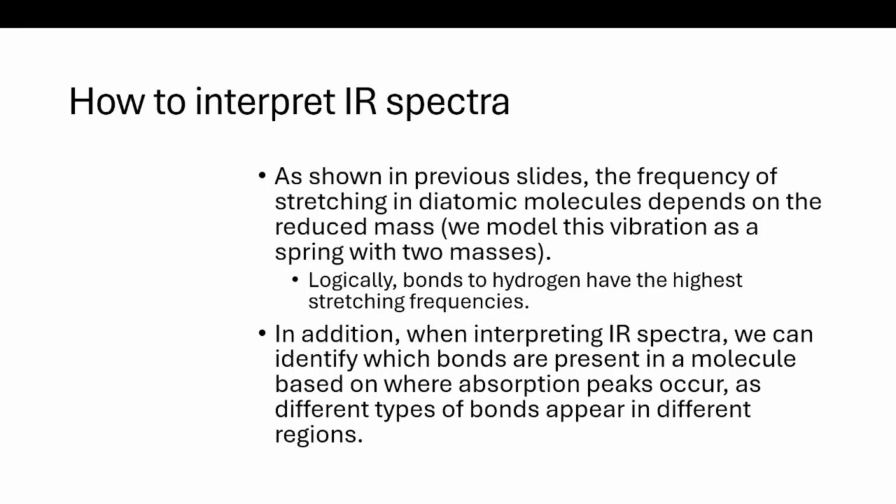So logically speaking, since hydrogen is the lightest atom, it's going to result in the highest stretching frequency. In addition, if we're looking at IR spectra, we have to know which bonds are present in a molecule based on where these peaks or dips occur, as different types of bonds correspond to different regions and different wave numbers.